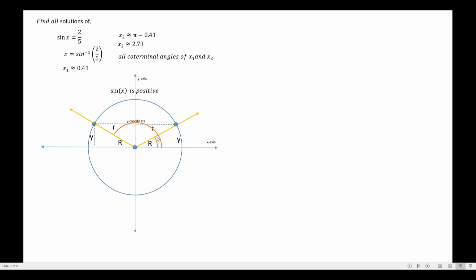So 0.41 plus 2 pi is also a solution. 2.73 plus 2 pi is also a solution. 0.41 plus 4 pi, which is after 2 revolutions, is also a solution. And so we have so many solutions, or we just say there will be infinitely many solutions. Because again, there's no restrictions.